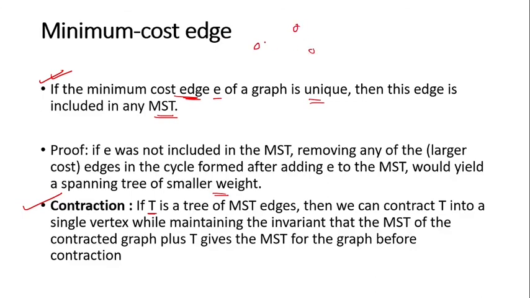You have these 3 vertices, A, B, C, with some weights, and then you contract them all together into a single vertex. That is the contraction. So these 3 vertices can be converted into a single vertex, let's name it X. This is also a possibility, but these are not in our syllabus.